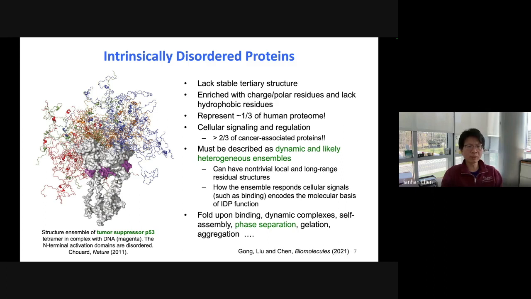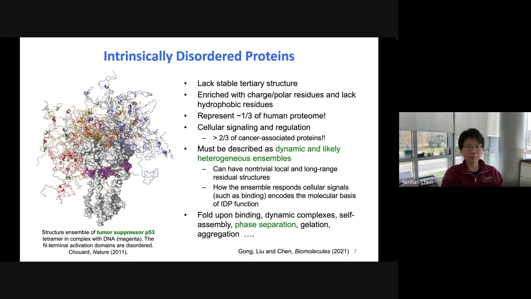So these proteins are referred to as intrinsically disordered. It's really trying to highlight that it's the sequence signature of this protein that determines the conformation to be dynamic and heterogeneous, and not because we are expressing these proteins in a non-physiological condition.